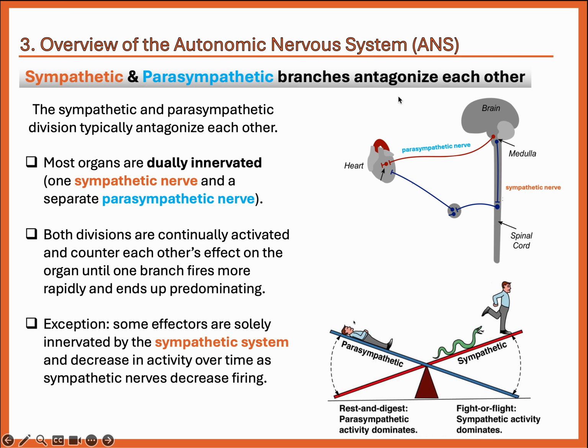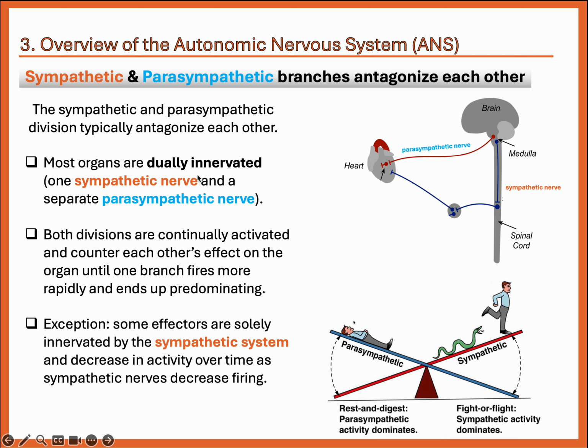An antagonist is something that fights with the other thing. An antagonist, I think they use that in movie terminology or books, like the bad guy, right? The bad guy fighting with the good guy. So that's an antagonizing effect, they're fighting. So the sympathetic and parasympathetic division typically antagonize each other.